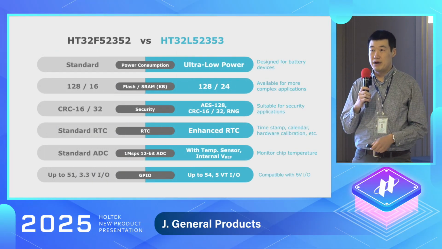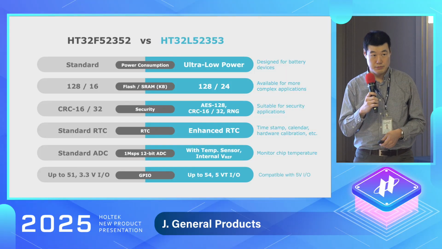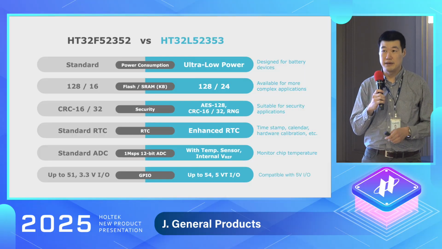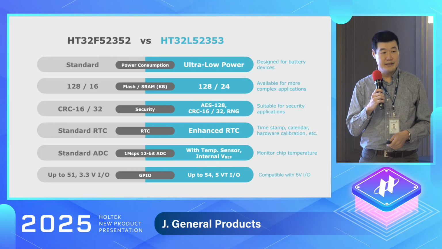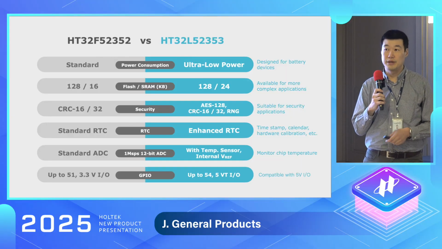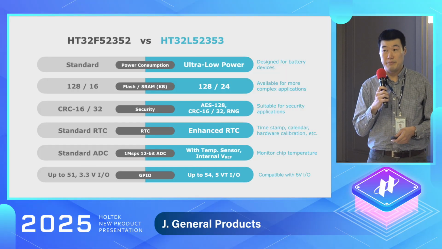So here's the comparison between the standard MCU and our ultra low power MCU family. So I just quickly go through because some of them are the same spec. The security IP, we add AES 128 and the RNG, random number generator, which is very good for your security application.